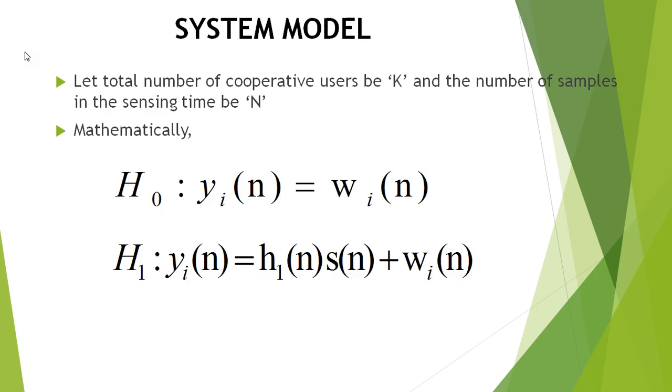H0 represents the hypothesis when the primary user is absent, and H1 represents the hypothesis when the primary user is present. Here in the equation, y_i(n) is the received signal at the secondary user. s(n) represents the primary user signal samples, which are independent.